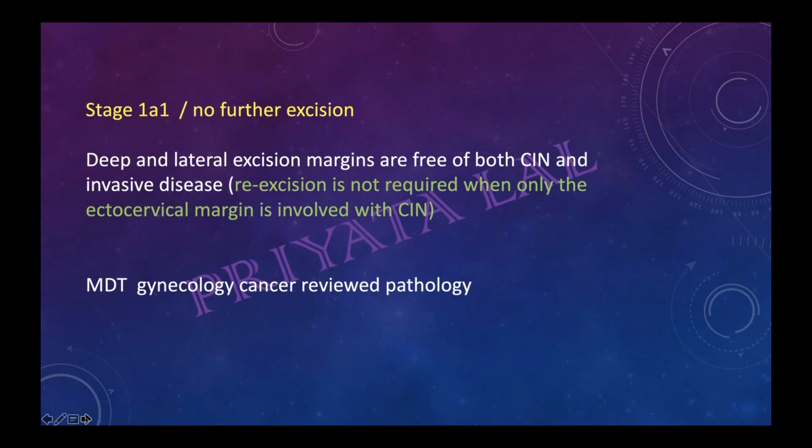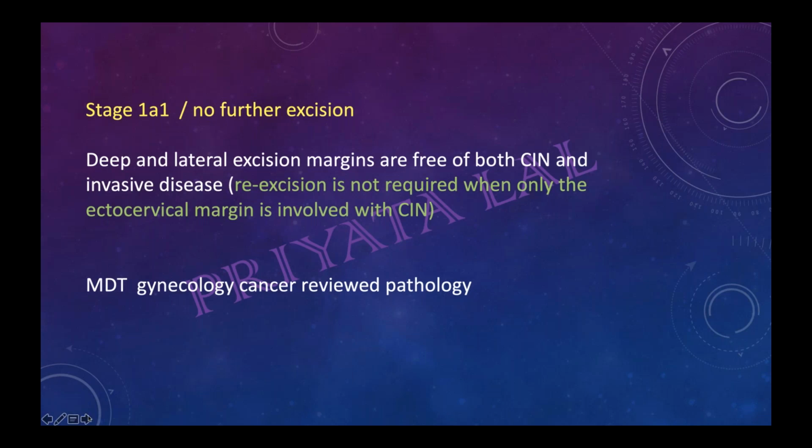Madam, I want to ask one thing. If the patient wants conservative surgery, then for stage 1A1, can we do only therapeutic conization or LEEP also? See, this will depend on the patient, but yes, conservative or fertility sparing measures can be done for early stages of cancer.